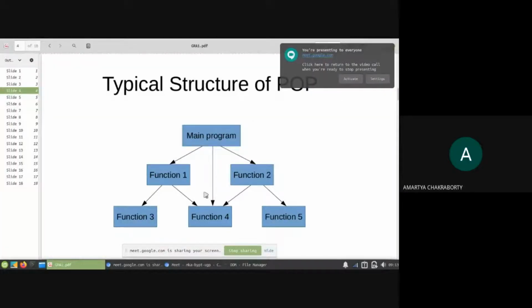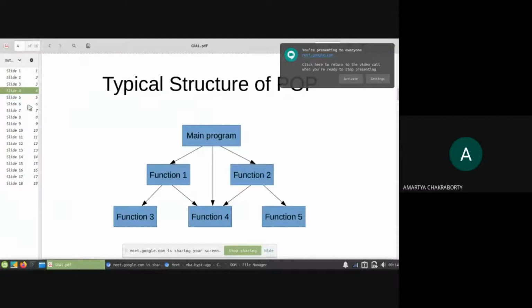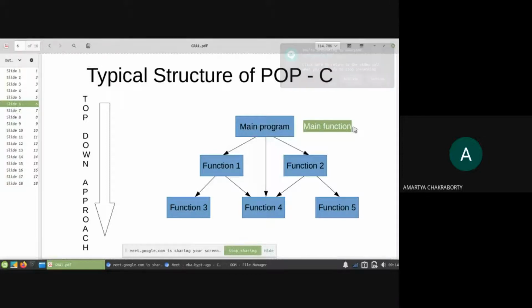We have seen this structure in the C programming language. In C, we have something called the main function. We are always told that we have to keep a main function in C. The main function may require the calling of other functions, function 1, function 2, function 3, function 4, function 5, whatever.